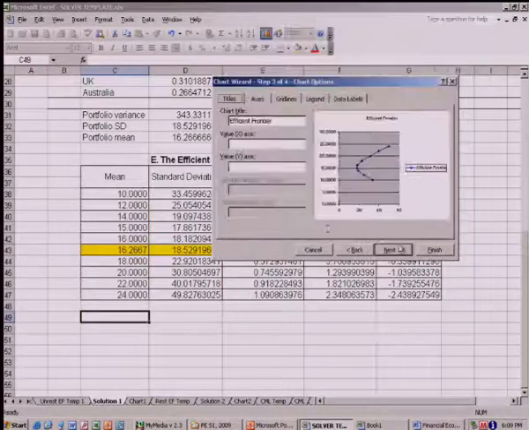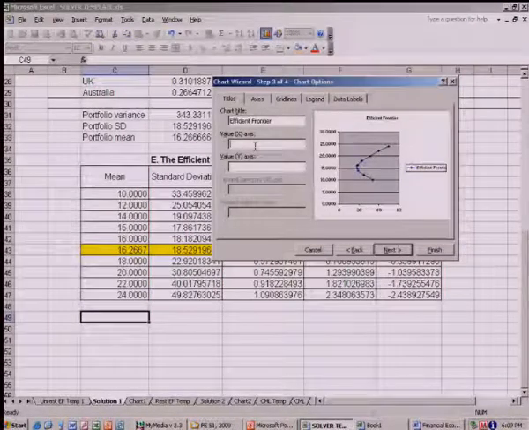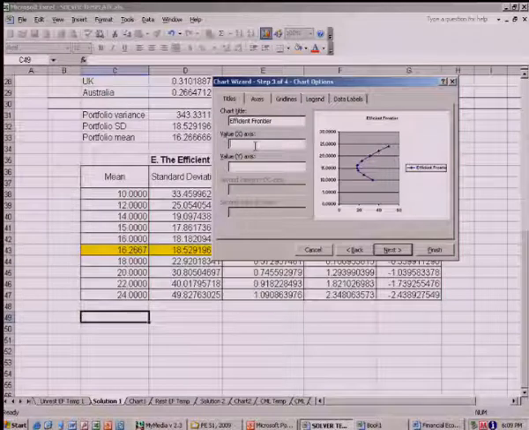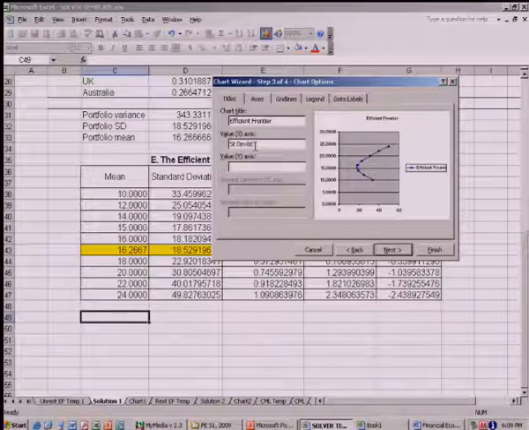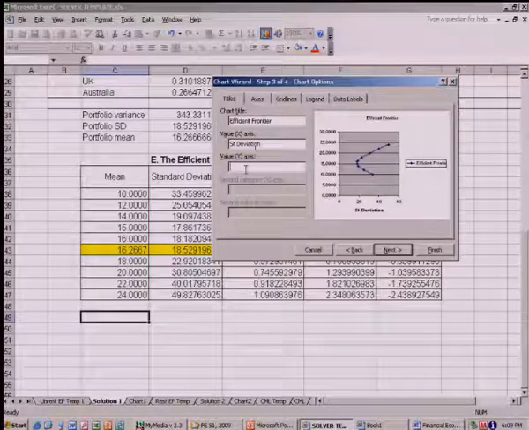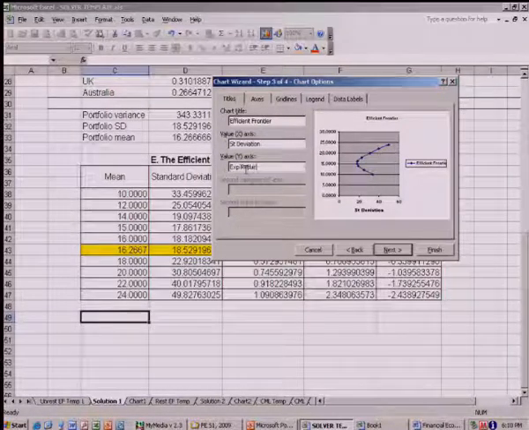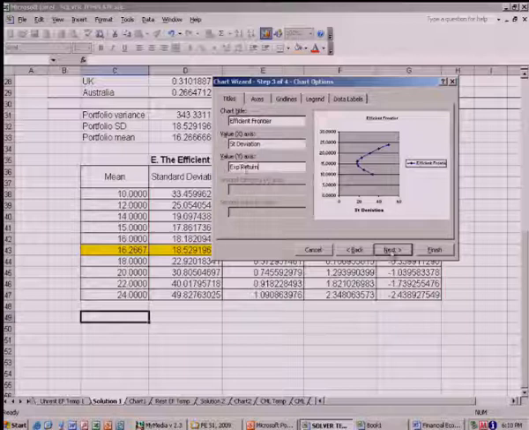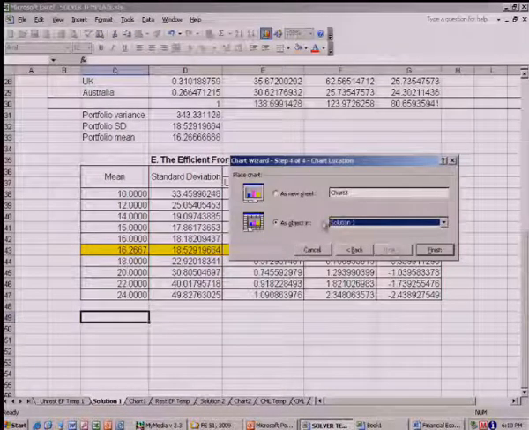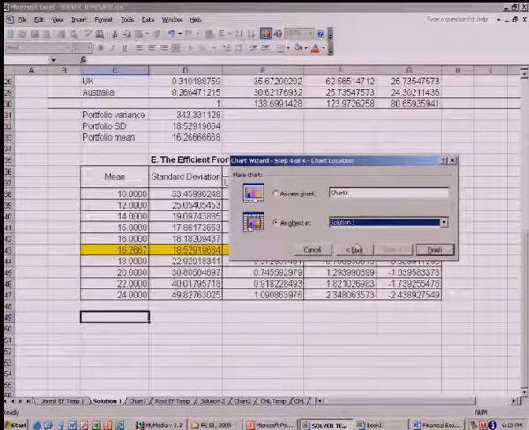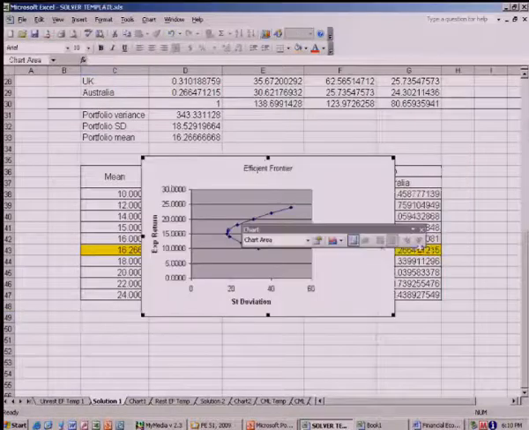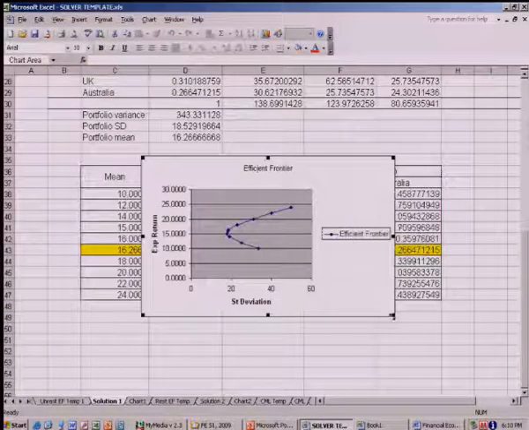I click on Next, and you can enter here the label for the x-axis, the standard deviation, and for the y-axis, the expected return. So you can label the graph, click on Next, and it's asking me where I want it to be displayed. I'm just going to keep it for the moment in this spreadsheet here. And so this is how it looks.